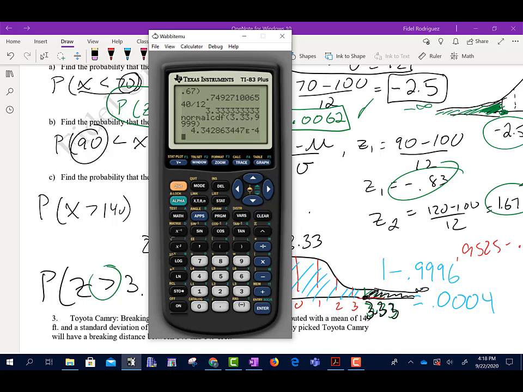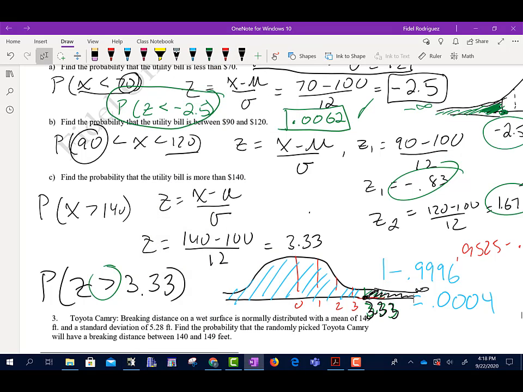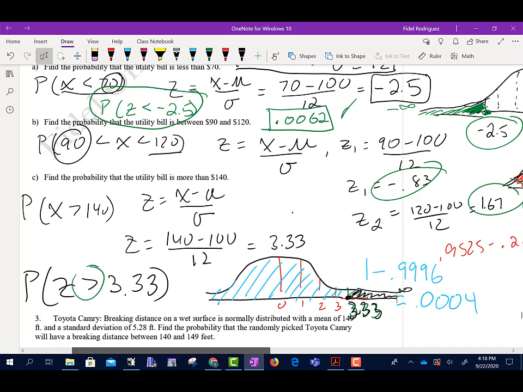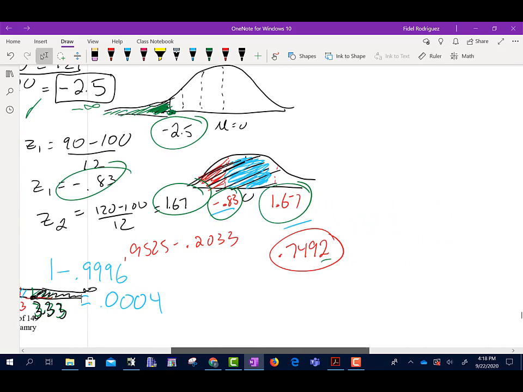It says 4.34, then a bunch of other digits, and then e to the negative 4. Let me show you what this means in terms of an answer. I'm going to write it over here where I have a little bit of room. We came up with 4.34, and then an e with a negative 4, okay?